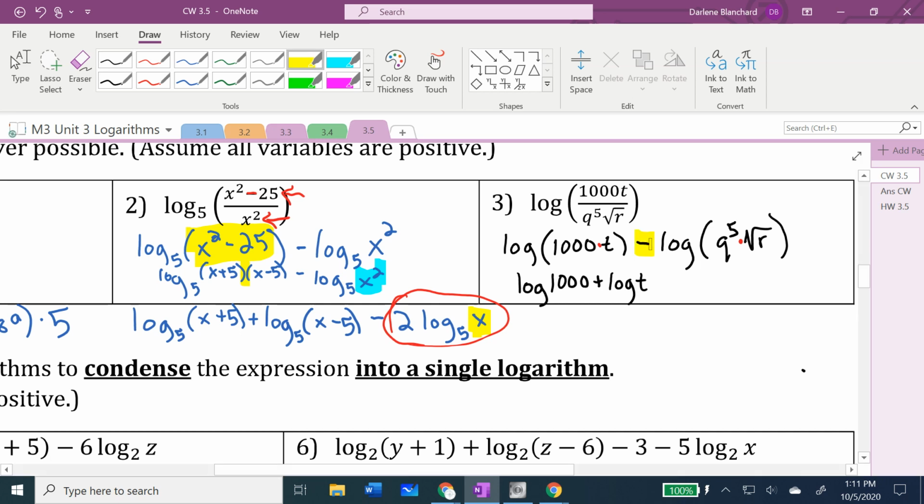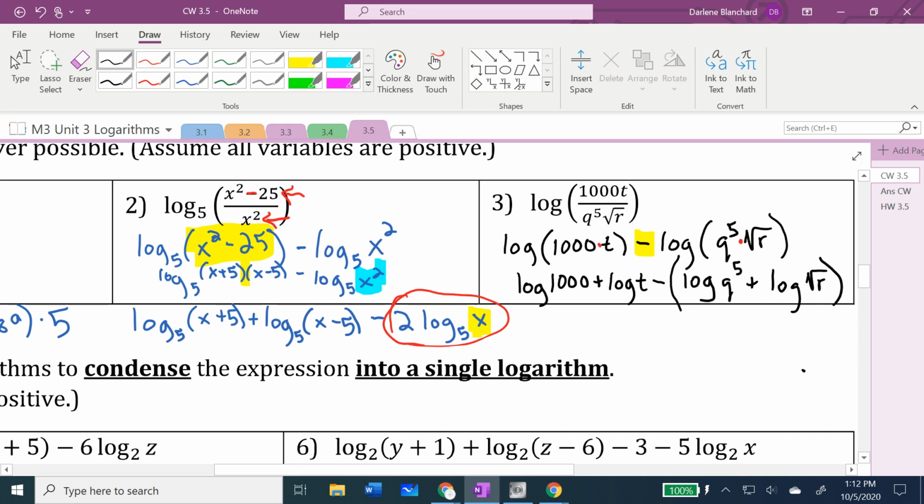With this subtraction, I need to be very, very careful. I'm going to separate the multiplication, and I can do one of two things. I can either put minus and then a parentheses, or I can distribute while I'm in the middle of a log rule, which I would advise against. But if you can do it right, that's fine. So log of q to the 5th power plus log of the square root of r.